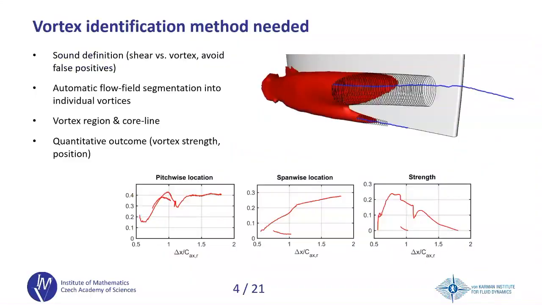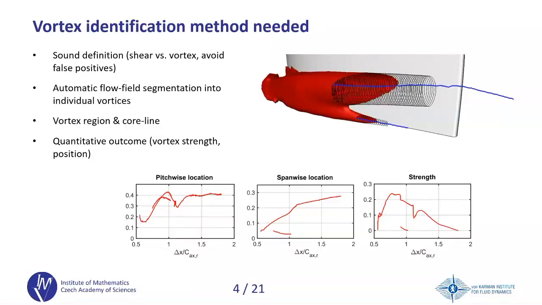So we needed a method that would help us to identify the vortices and characterize them. And we had some requirements on the method. We wanted it to be based on a sound definition, so that we would be able to distinguish, for example, vortices from the shear flows, which is, as we have had, a common problem in vortex detection.